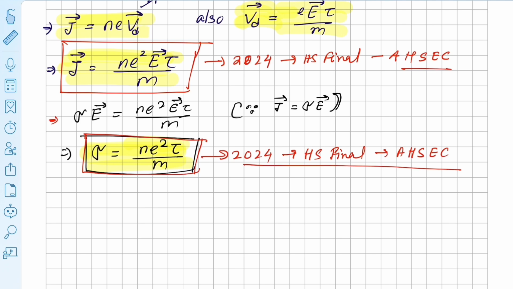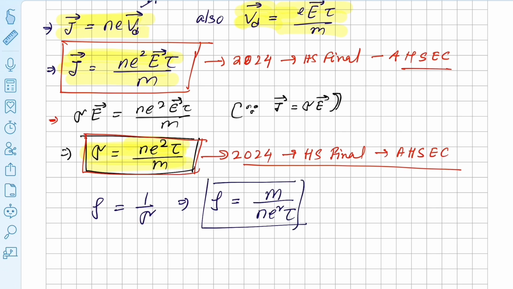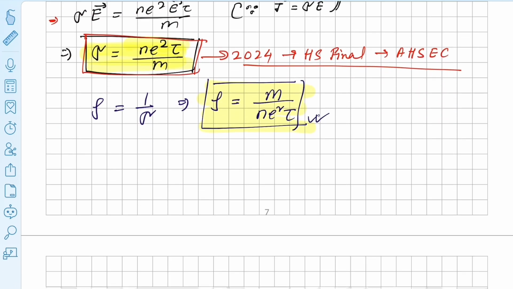So from here we can also derive an expression for resistivity. We know that resistivity is nothing but the reciprocal of conductivity, so we can write resistivity is equal to the reciprocal of this expression, which is m by n e square, also a very important relation.